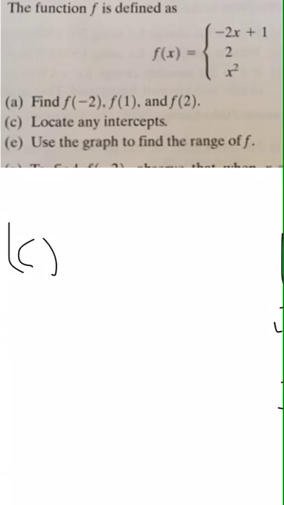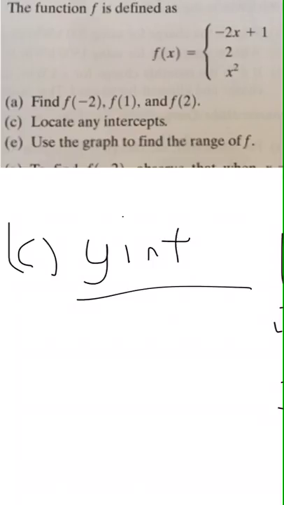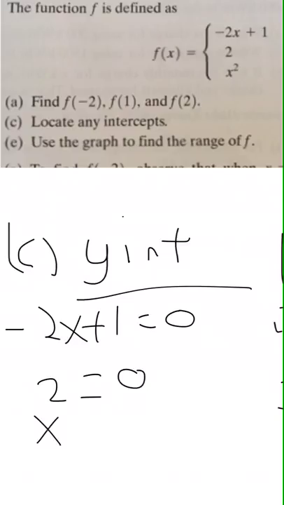Alright, for part C it says locate any intercepts. When it says locate any intercepts, you have to check for both x-intercepts and y-intercepts. For x-intercepts, you need to take each of the three parts, negative 2x plus 1, the 2, and then the x squared, and set them all equal to 0.